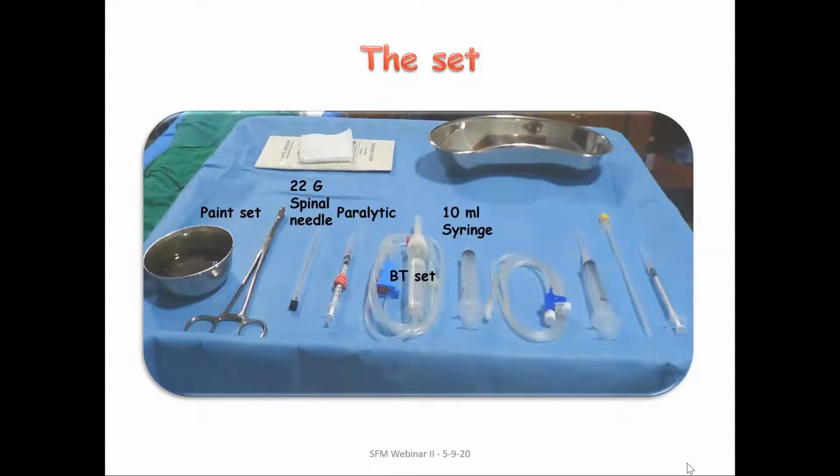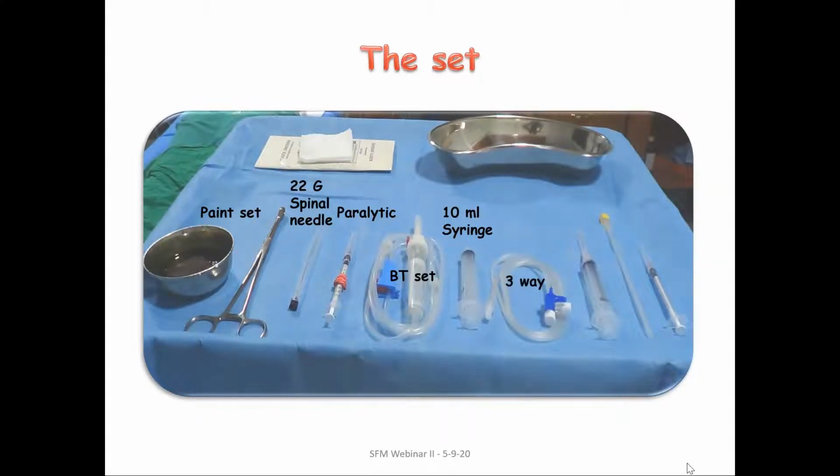You would need a 10 milliliter syringe because remember, it is not a direct transfusion from the blood bag to the fetus. Every milliliter of blood that you give to the fetus has to be measured because you would want to know how much you've given to the fetus. You would also have calculators telling you how much needs to be given to the fetus. So it's always advisable that you have a syringe and you give blood in a very, very measured fashion and not run the line straight from the blood bag to the fetus.